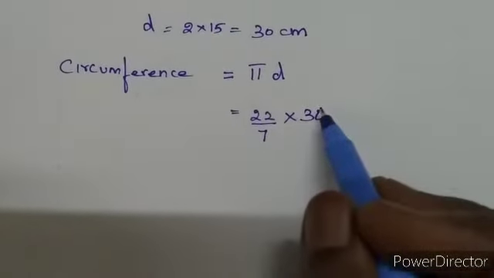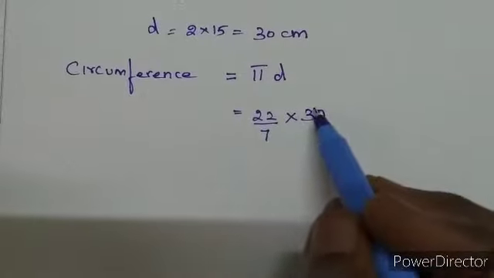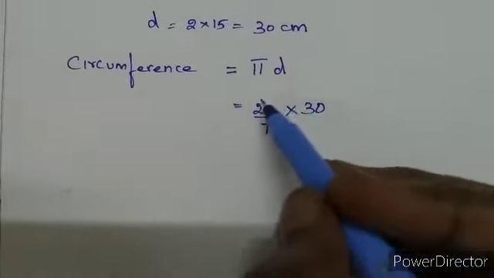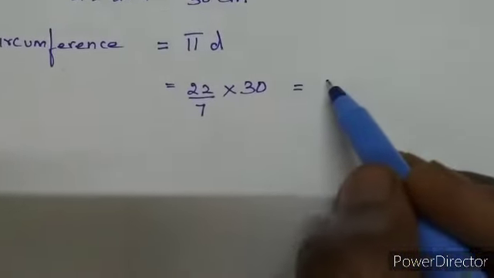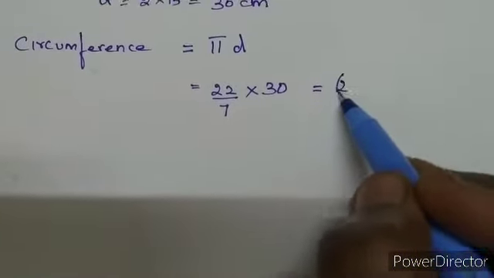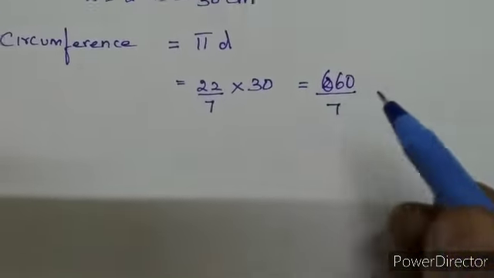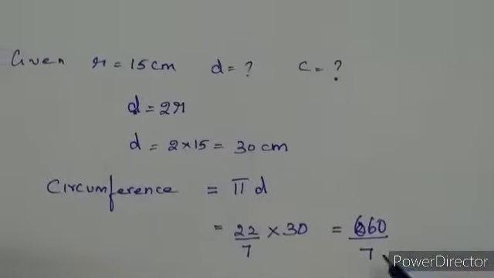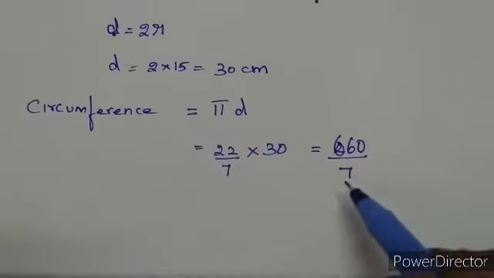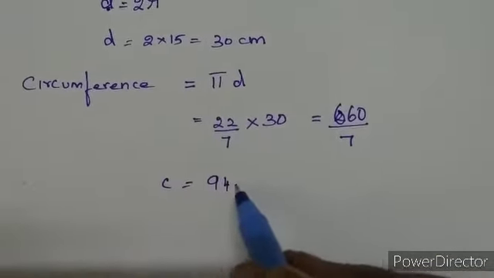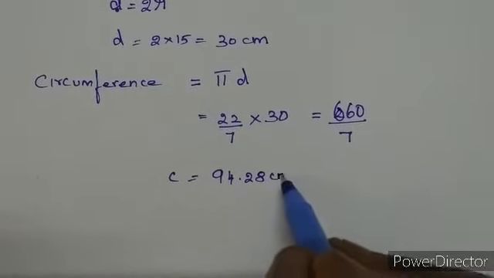Now try to simplify this sum, or multiply these two numbers and divide by 7. If you multiply 22 into 30, it is 660, divided by 7. By usual division, you will get the circumference as 94.28 centimeter.